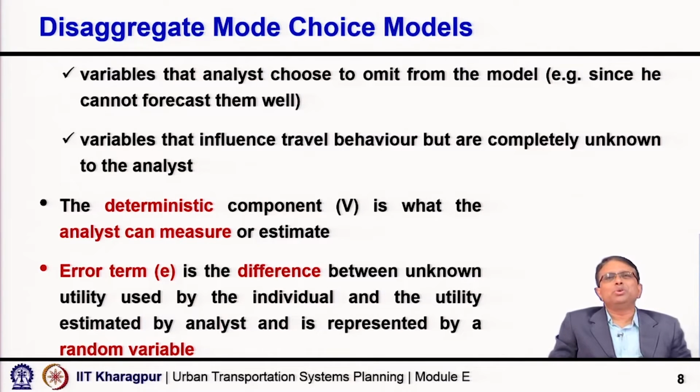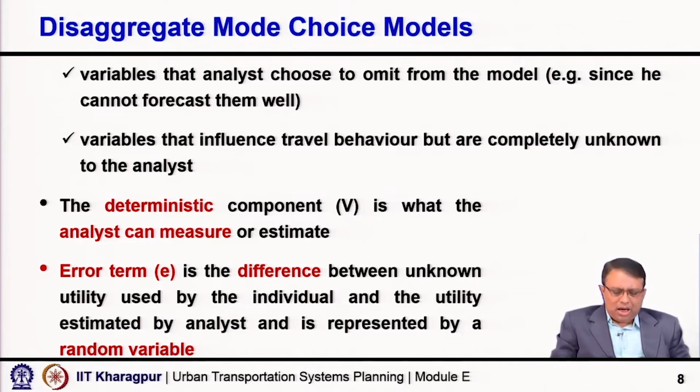So I may not even know that it is influencing, and I may not consider it, because what we consider in the model, looking at the literature and the discussion with the experts and the travelers, we try to select some variables. So there is no guarantee that every variable which is actually impacting the choice is to be included.